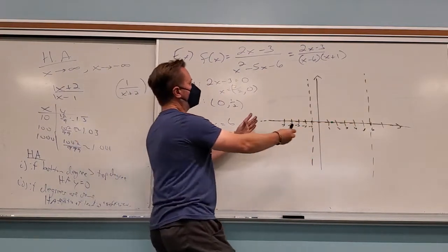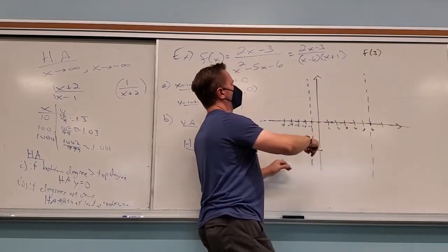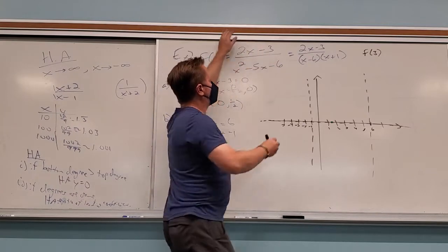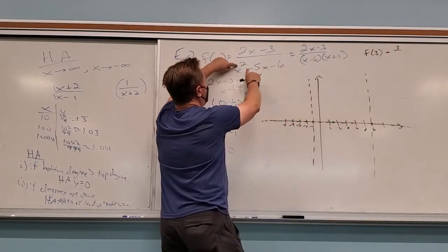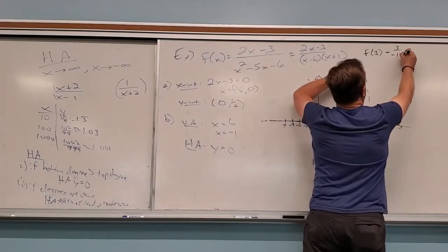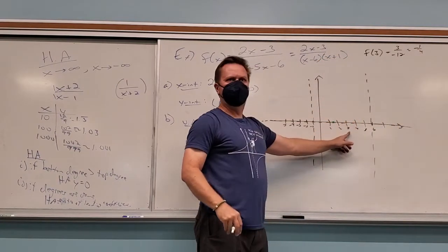So a really good point to plug in would be something over here. For example, what do I get when I put a 3 in here? I get 6 minus 3 is 3, and 9 minus 15 is negative 6, minus 6 is negative 12. I get negative 1/4. Okay, so I know at 3 it's down here.